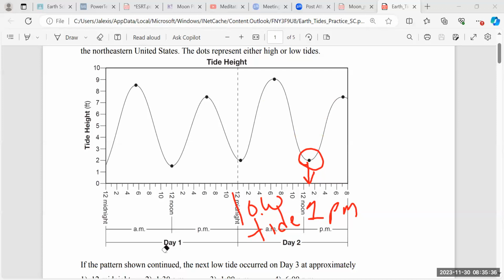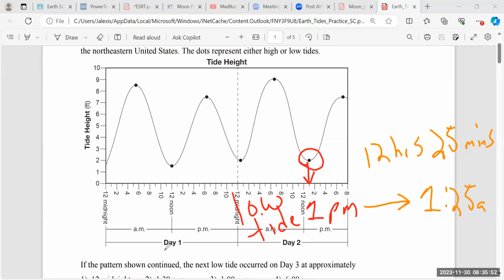If the last low tide occurred at 1 p.m., 12 hours and 25 minutes later, it would end up being 1:25 a.m. All right. Because remember, each low tide occurs every 12 hours and about 25 minutes.